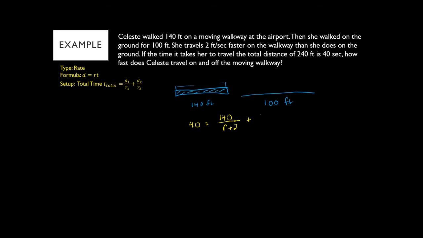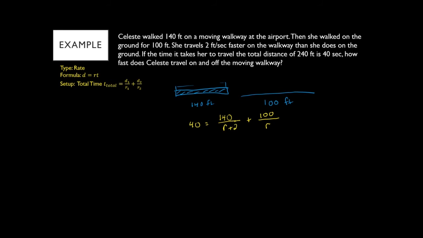Then she's on regular ground and she traveled on that for 100 feet and that was at some speed. So I had to add the 2 to the people mover portion because that's the one that's faster. So I had to put +2 on the first fraction versus the second fraction here.